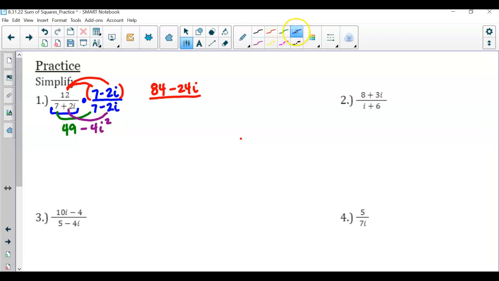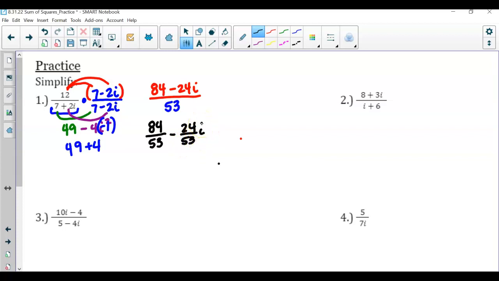Then remember, whenever we had i squared, that was negative 1. So this is 49 plus 4. So that's why we're always adding, giving you that denominator of 53. You can also write this final answer as 84 over 53 minus 24 over 53i.